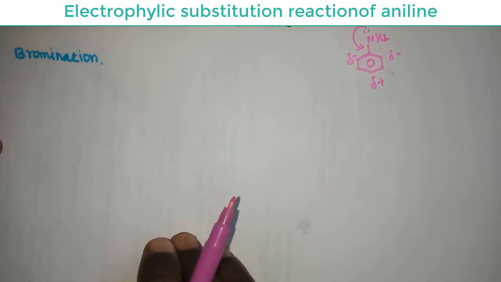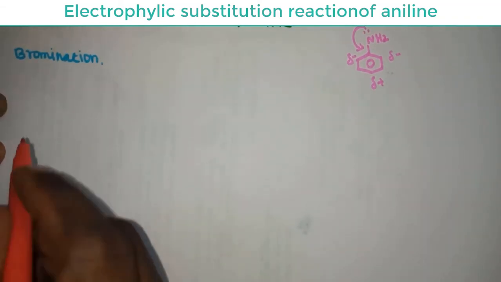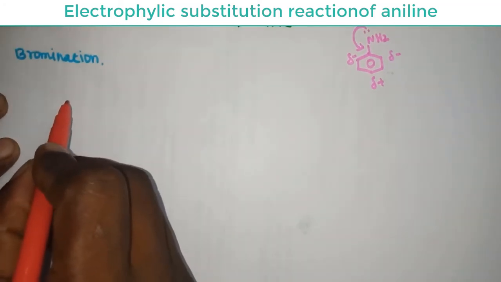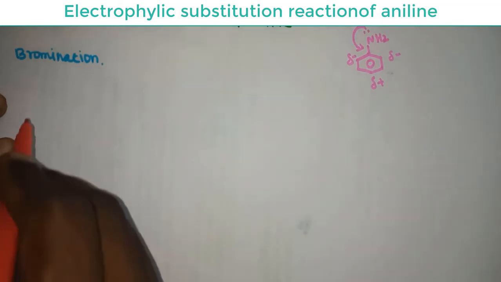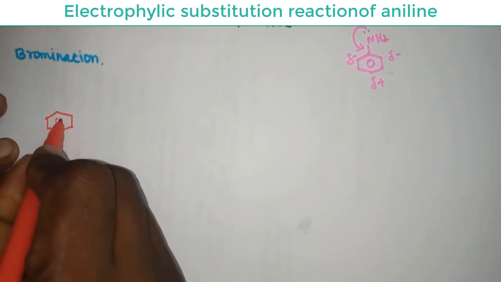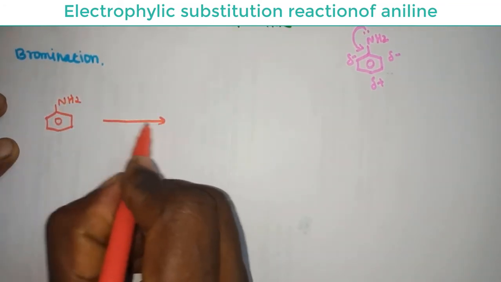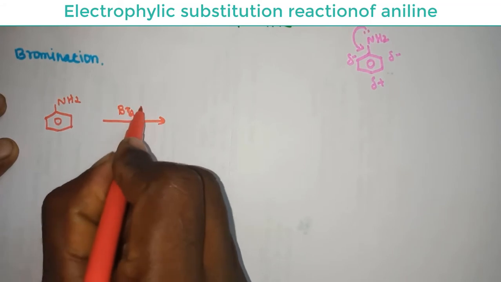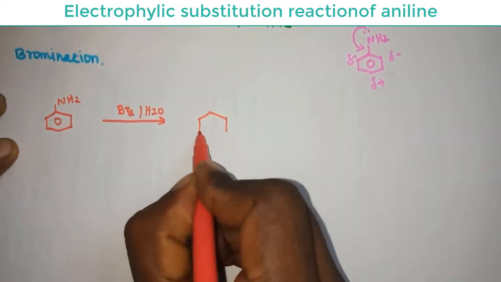Electrophilic substitution reaction. First one, bromination reaction. This is aniline. When aniline reacts with bromine water, it forms 2,4,6 tribromoaniline.